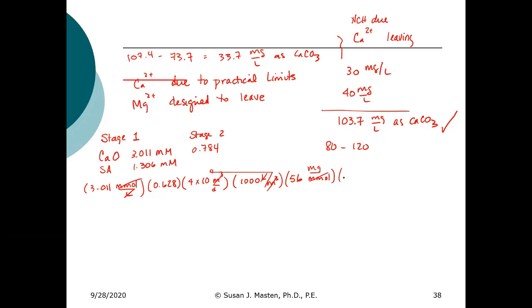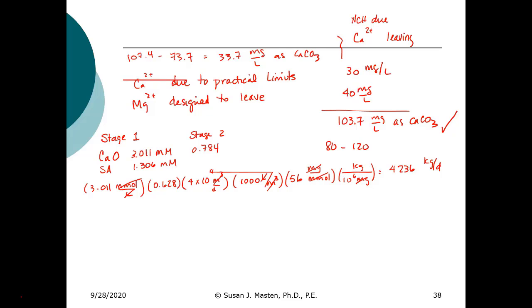And there are 10 to the 6 milligrams per kilogram, and that is equal to 4,236 kilograms per day. So that's the amount of calcium oxide that we need per day. Nope, it's 10 to the 6 because it's milligrams. So it's 1,000 times 1,000. 1,000 milligrams per gram and 1,000 milligrams per kilogram.